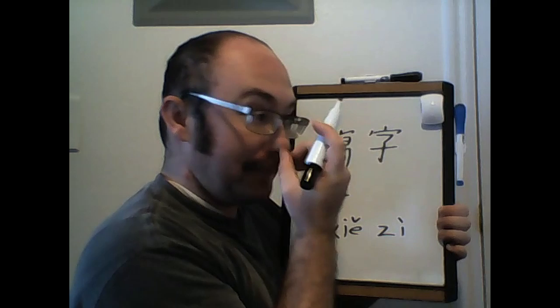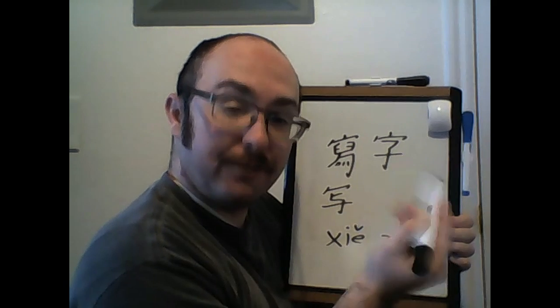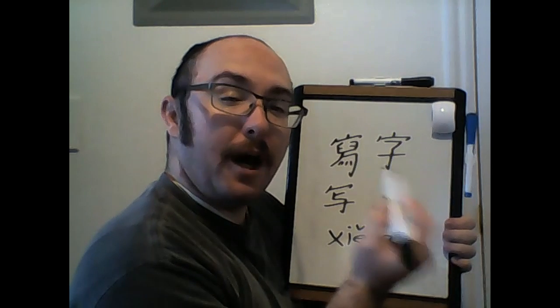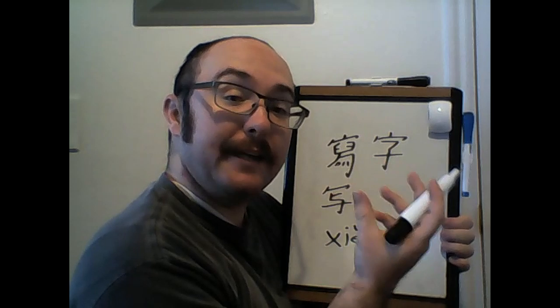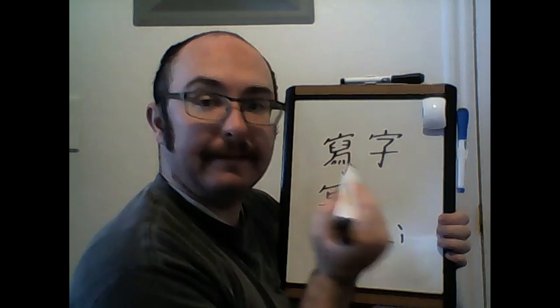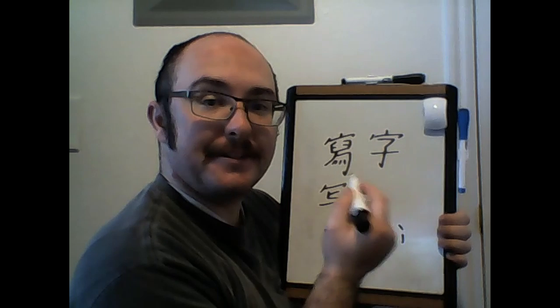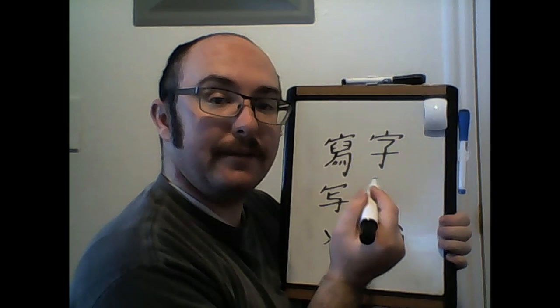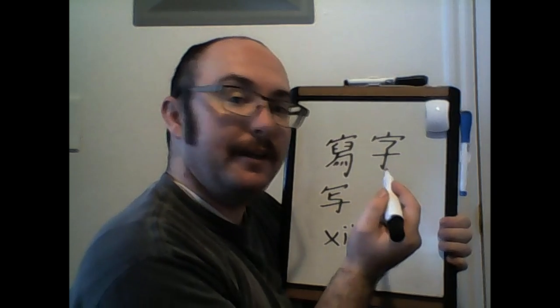Now in Chinese, most verbs require an object. They have to have something that they're acting on. So you can't just say like xie, because it's like, what are you writing? Are you writing characters? Are you writing in a different language?